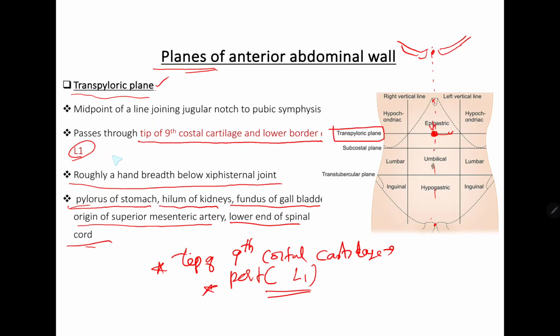Roughly it is a hand breadth below the manubriosternal joint. The main structures are the pylorus of the stomach, hilum of kidneys, fundus of gallbladder, origin of superior mesenteric artery, and lower end of spinal cord. Normally the transpyloric plane is used for examinations because of this importance. Remember this point.